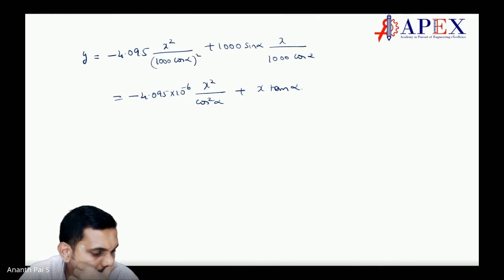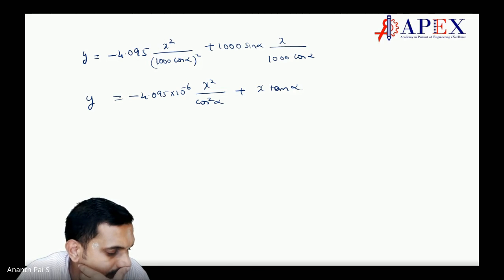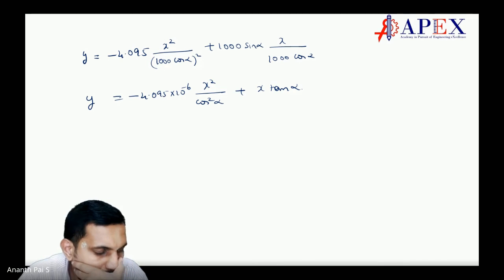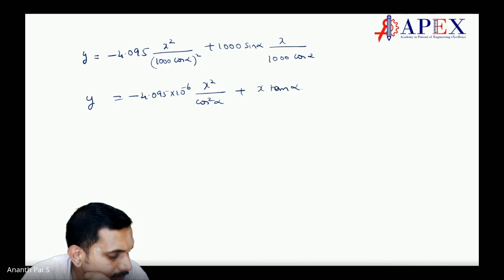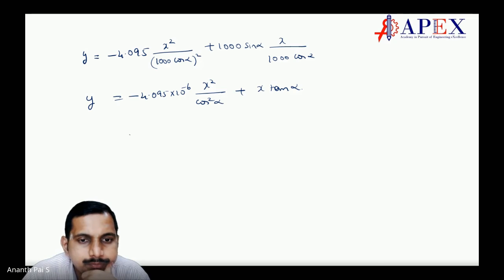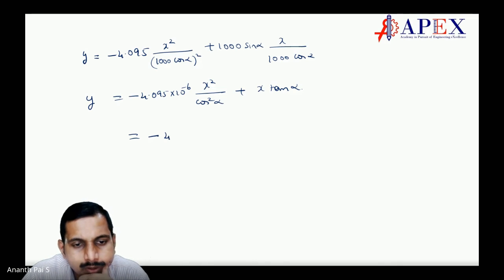Correct, students? Now how to solve this problem? That is important. This is the major difficulty I suppose everybody is facing, is it not? How do you solve this? We can say this is sec alpha, is it not? This is sec square alpha. So this can be minus 4.905 into 10 power minus 6 into x square into sec square alpha.